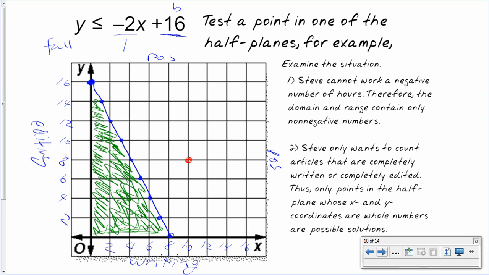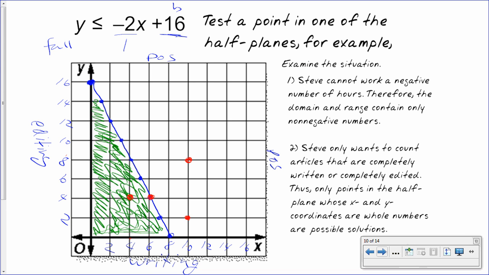Can he work 4 hours writing and 4 hours editing? That point lies in the shaded region, doesn't it? Can he write 6 hours and edit 4 hours? You see what I'm getting at? Can he write 10 hours and edit 2 hours?